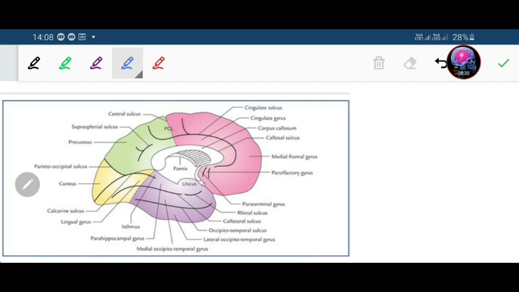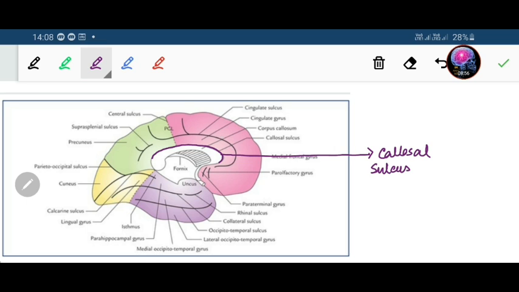The callosal sulcus separates the cingulate gyrus from the corpus callosum. So in between the corpus callosum and the cingulate gyrus is the callosal sulcus.